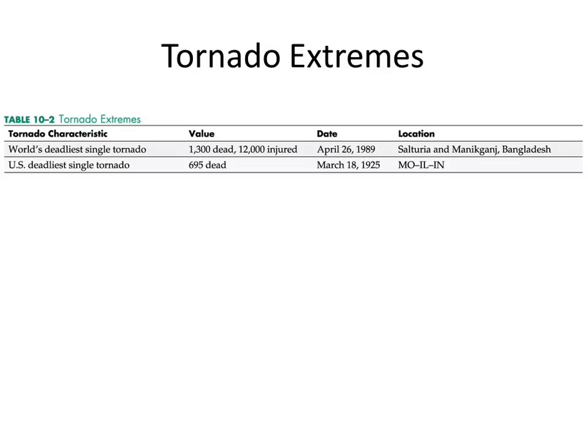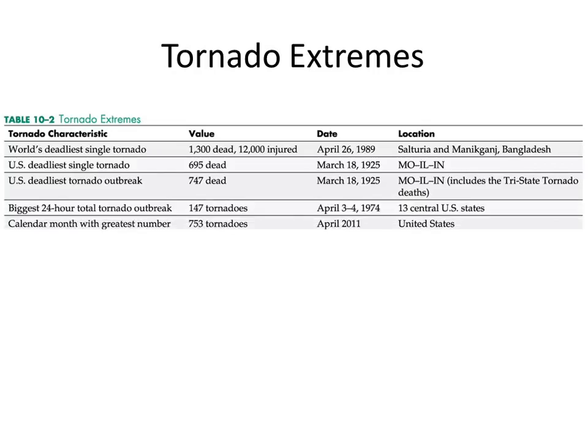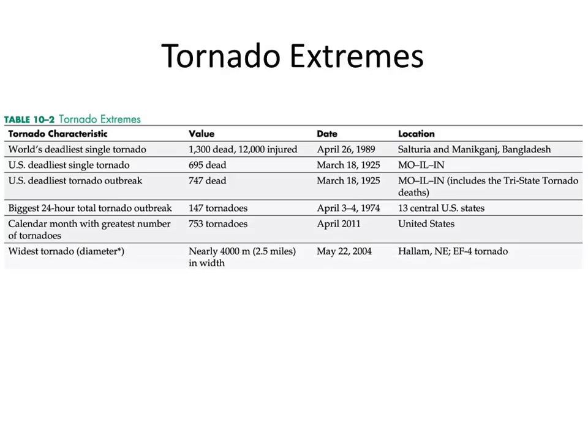Now we're going to talk about tornado outbreaks. The biggest 24-hour total tornado outbreak was 147 tornadoes in 1974. Dang. In 2011, the U.S. had 753 tornadoes in one month.